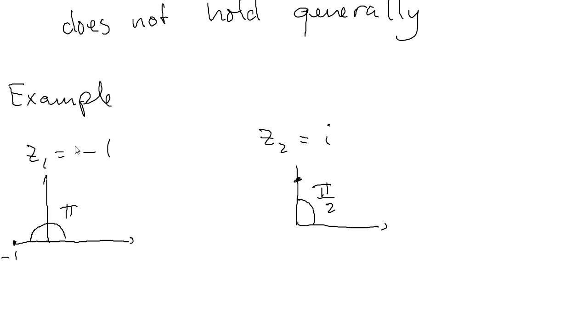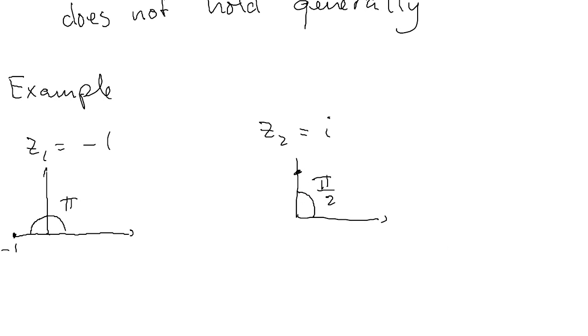If z1 is equal to minus 1, then this z1 here is simply this vector at the real line pointing in this direction, which has the principal argument value π. Here is z2 equal to i, which is pointing in this direction, and the principal argument value of this is π/2.